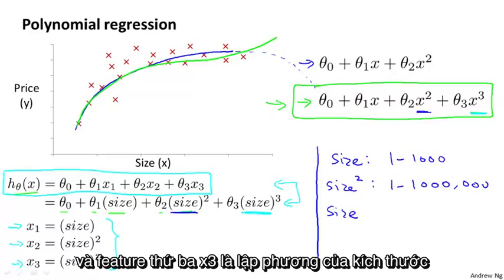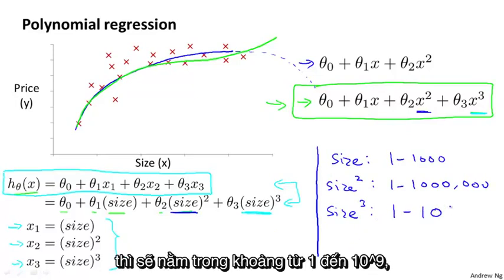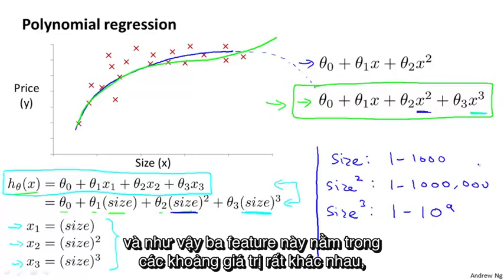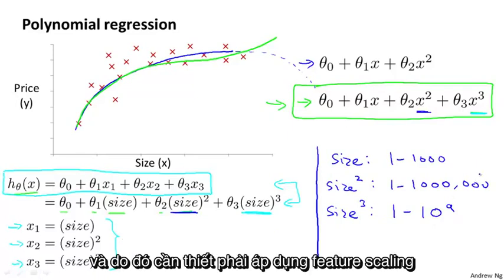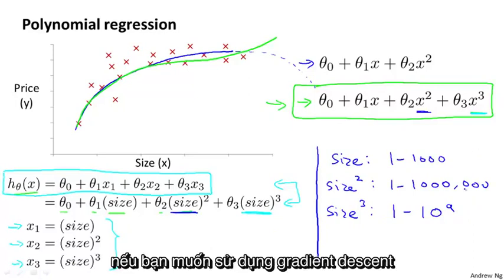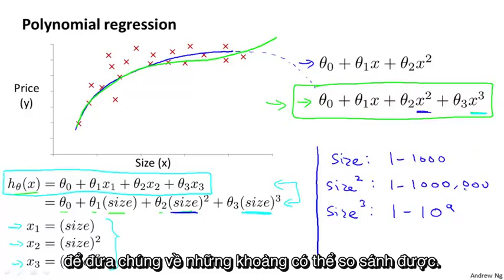And your third feature x3, which is the size cubed of the house, will range from 1 to 10 to the 9. And so these three features take on very different ranges of values, and it's important to apply feature scaling if you're using gradient descent to get them into comparable ranges of values.